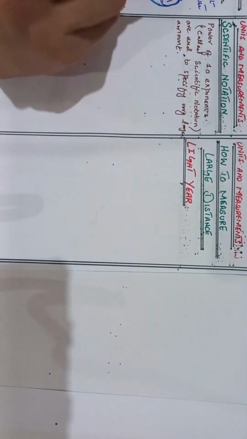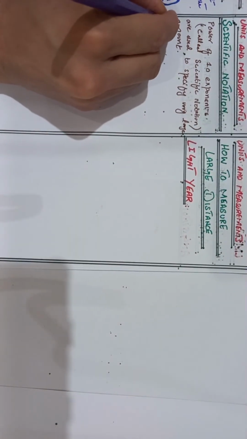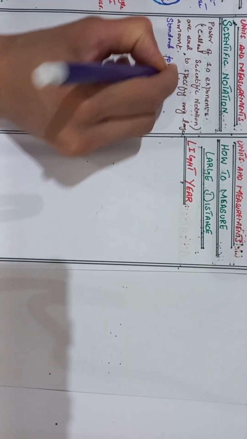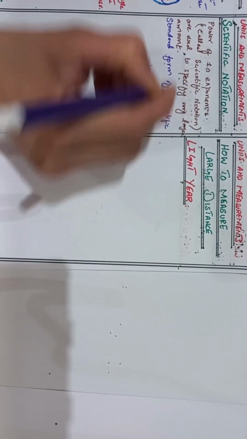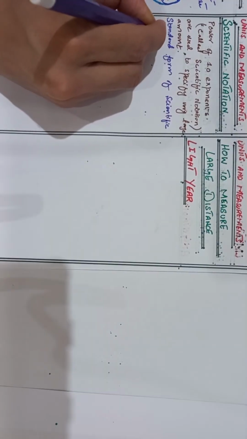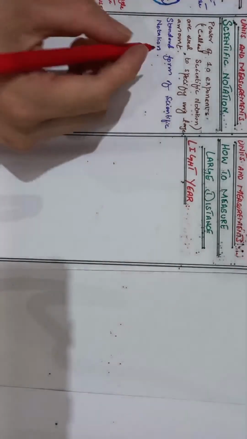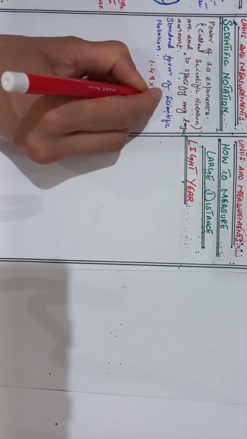Okay, now we discuss how we write the standard form of scientific notation. Here we take the example 1.49 into 10 to the power 8.